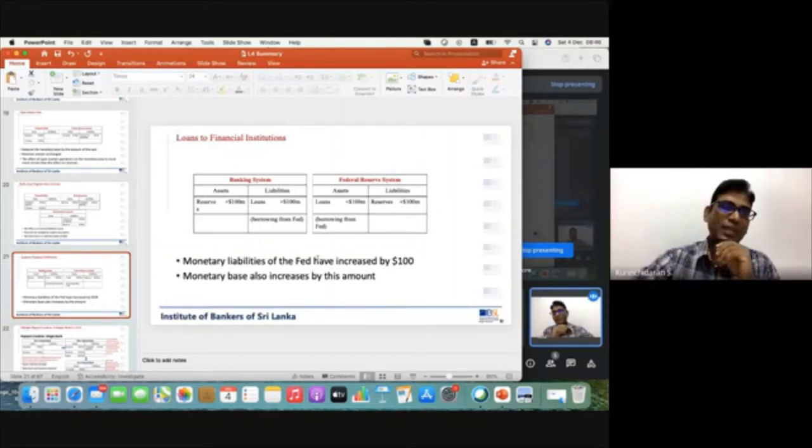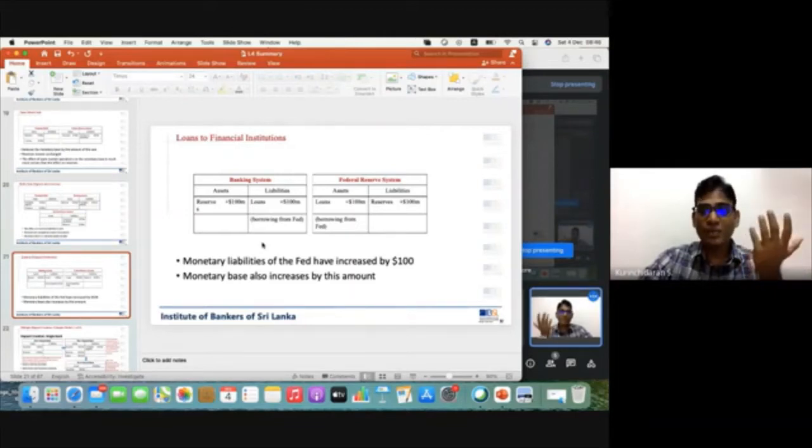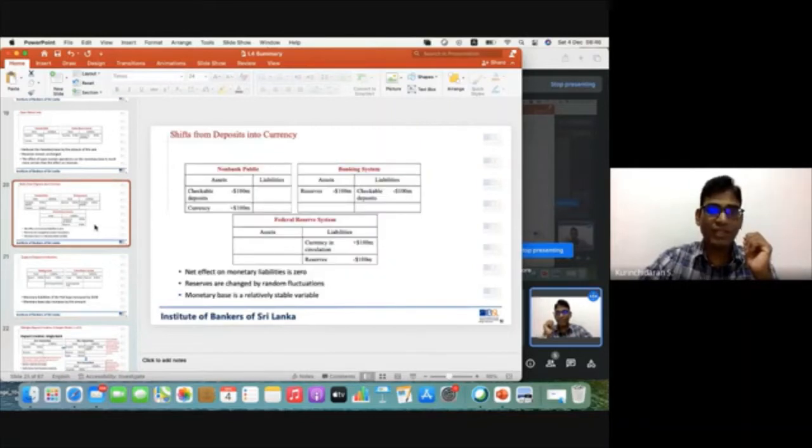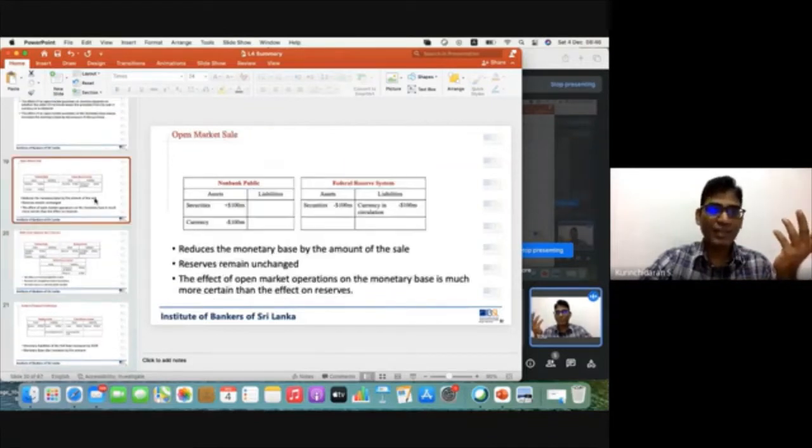So when you take these transactions, if a financial institution borrows from the central bank, the monetary base increases. But if a customer shifts his deposit into currency, there's no change in the monetary base, right?